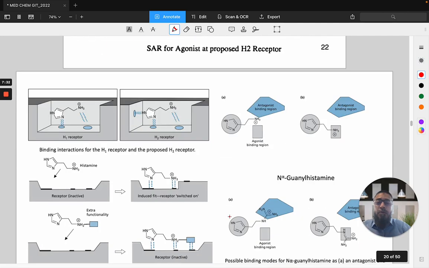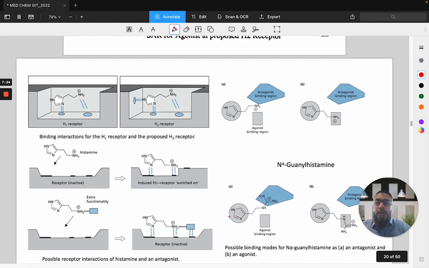So now we will see how it binds, what the different binding sites are in H1 and H2. You can see this is how histamine binds with the H1 receptor.